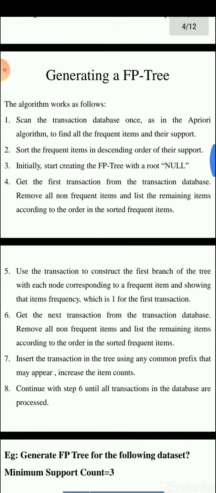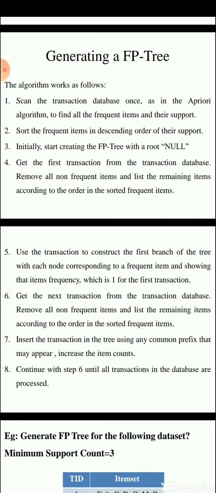The algorithm works as follows. First, scan the database once, as in the Apriori algorithm, to find all the frequent items and their support. The next step is to sort the frequent items in descending order of their support. Third, start creating the FP tree with a root null.